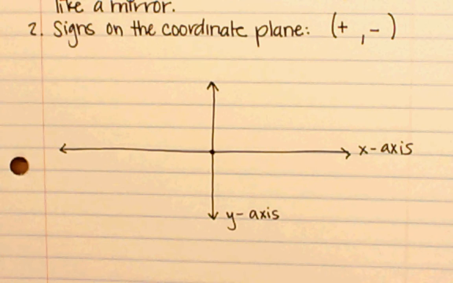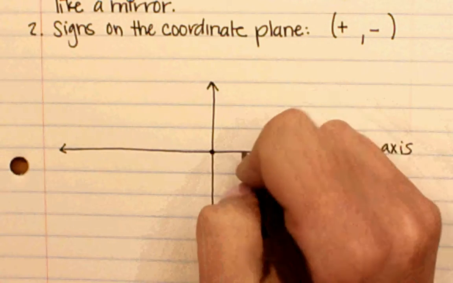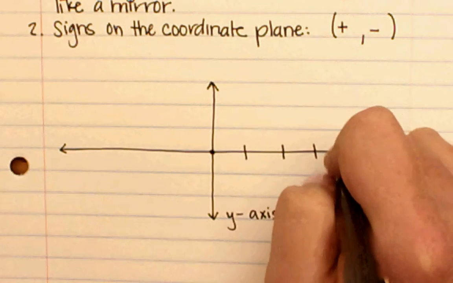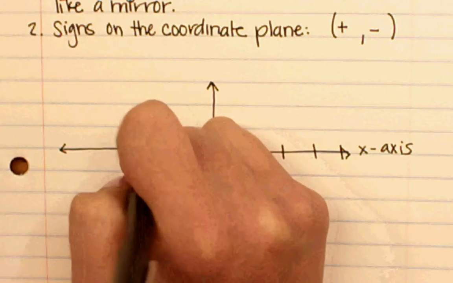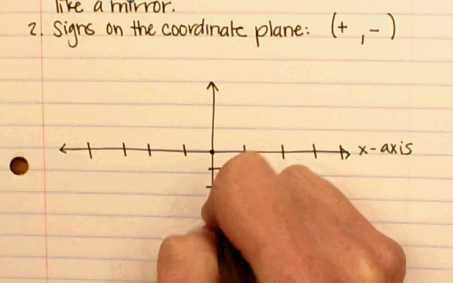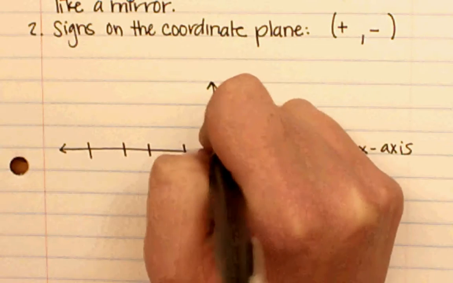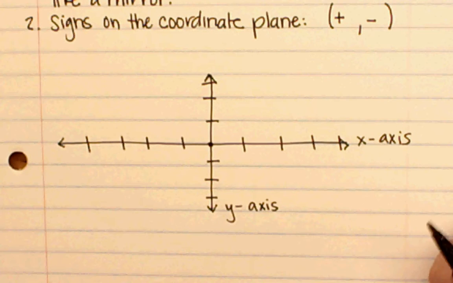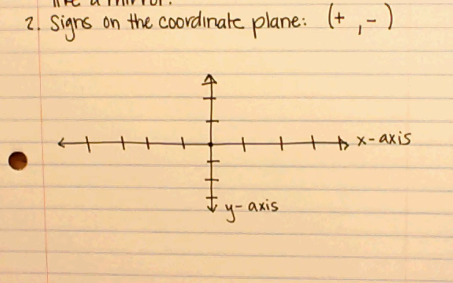Alrighty. Now I'm going to make a very simple graph just for us to have pictures. We're going to make 4 lines on each side, and 3 on the x-axis. I'm sorry, y-axis.